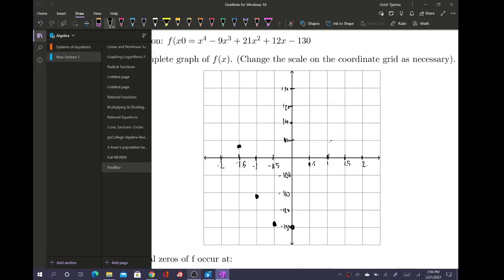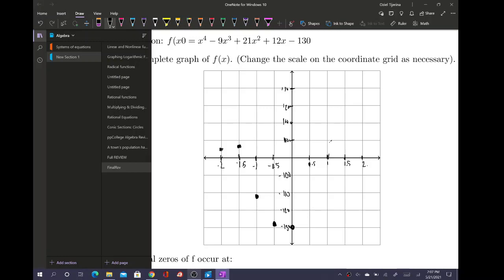When x equals negative 2, y equals 18, so it goes like this, and then when x equals negative 3, it goes all the way up, so it's off the grid.